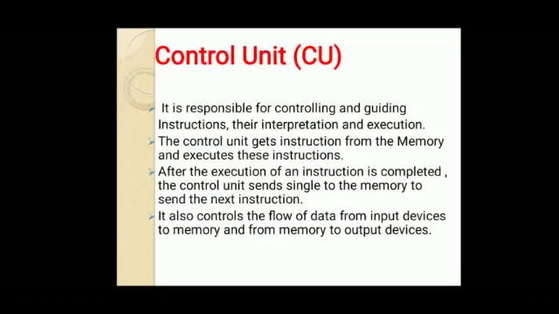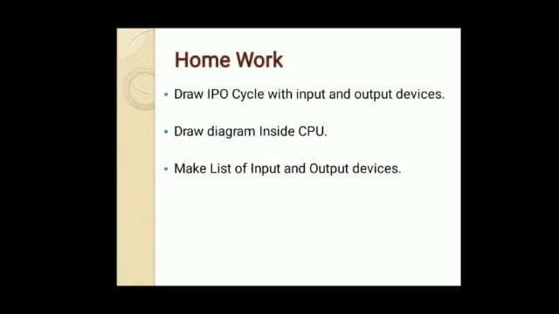It also controls the flow of data from the input device to memory and from memory to the output device. Whatever IPO cycle is going on, input, process, output, the control unit controls that work. Very shortly, the control unit controls all the work of the computer.